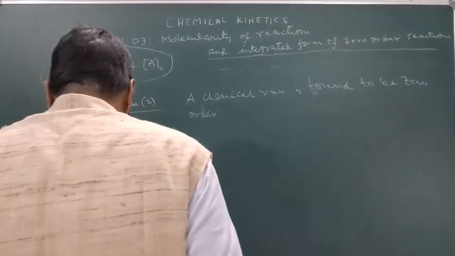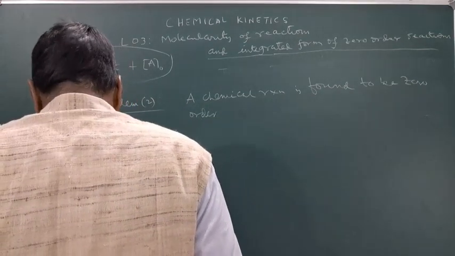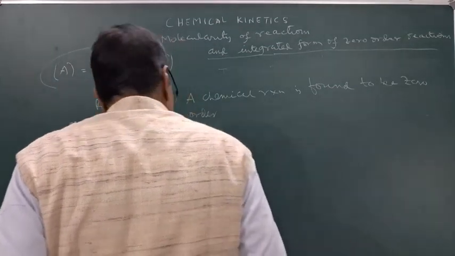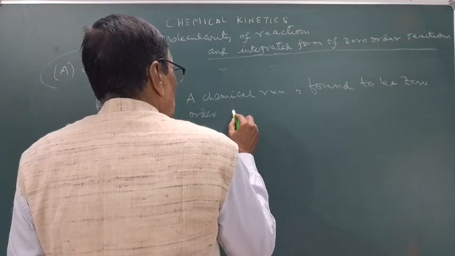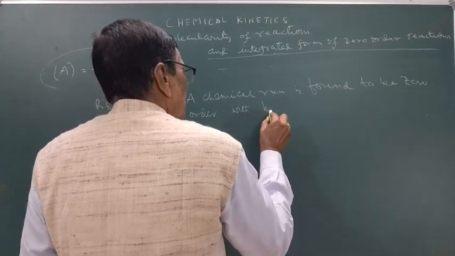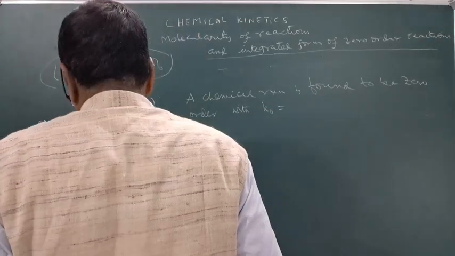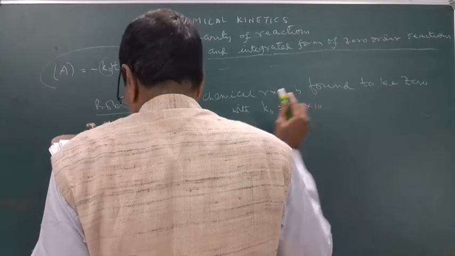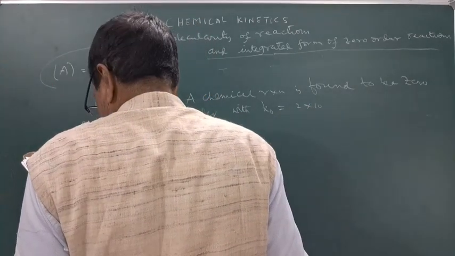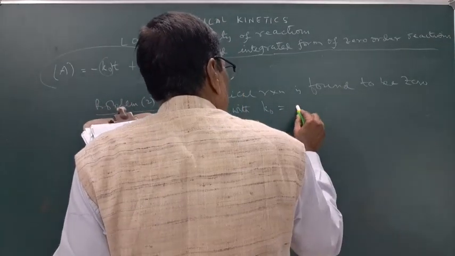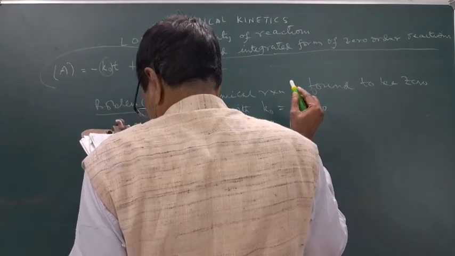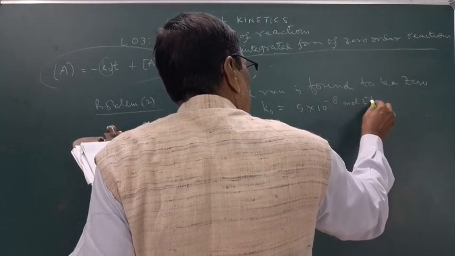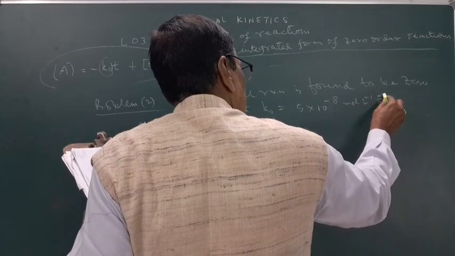Chemical reaction is found to be zero order, with K naught equal to 5 into 10 to the power minus 8 mole liter inverse second inverse.